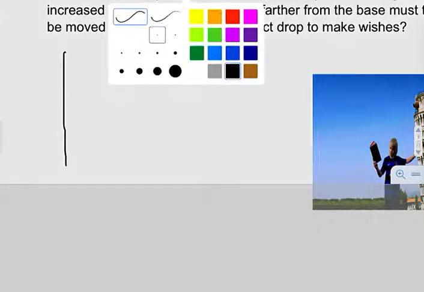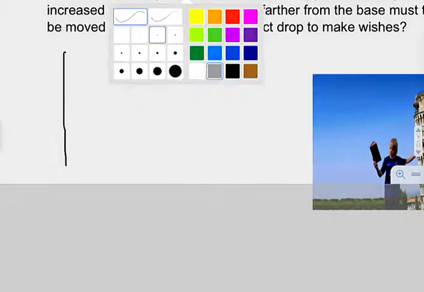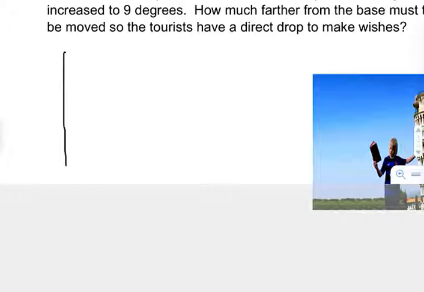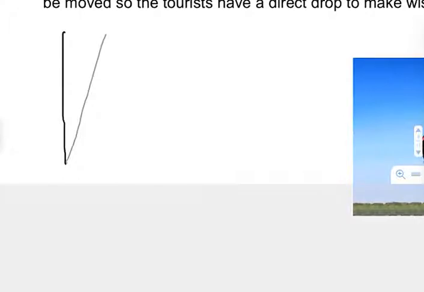Now that's not where it is. So over time, this tower has started to lean. And as in the first part of the problem, we're examining a tilt of 5 degrees. I'm going to exaggerate it, but let's say the tower is there, and the tilt is 5 degrees.